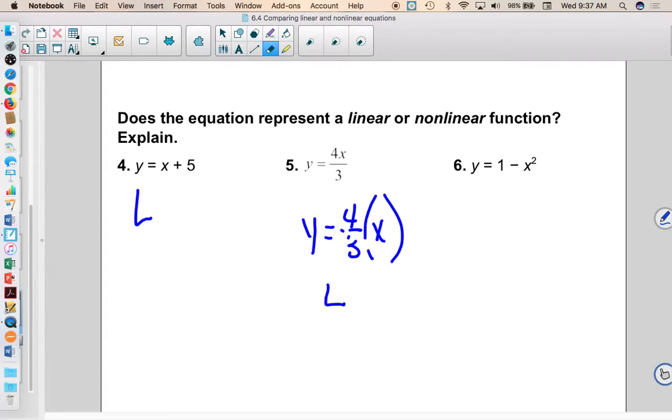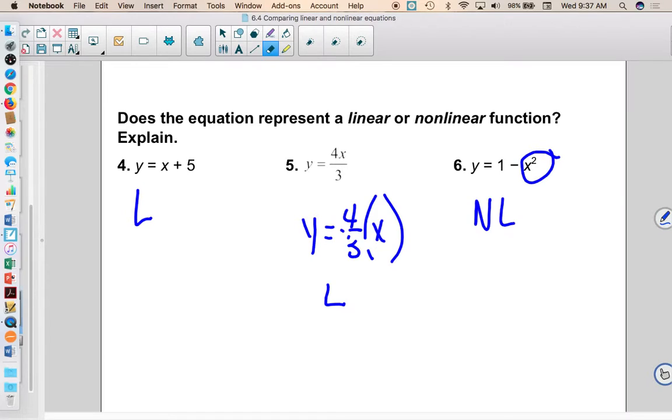Okay, what about number 6? Is number 6 linear or nonlinear? Austin, what do you think? Nonlinear. Why? You are right. Because x has to have an exponent of 1. It can't be x to the second power. The minute you see x to the second power, it's nonlinear.